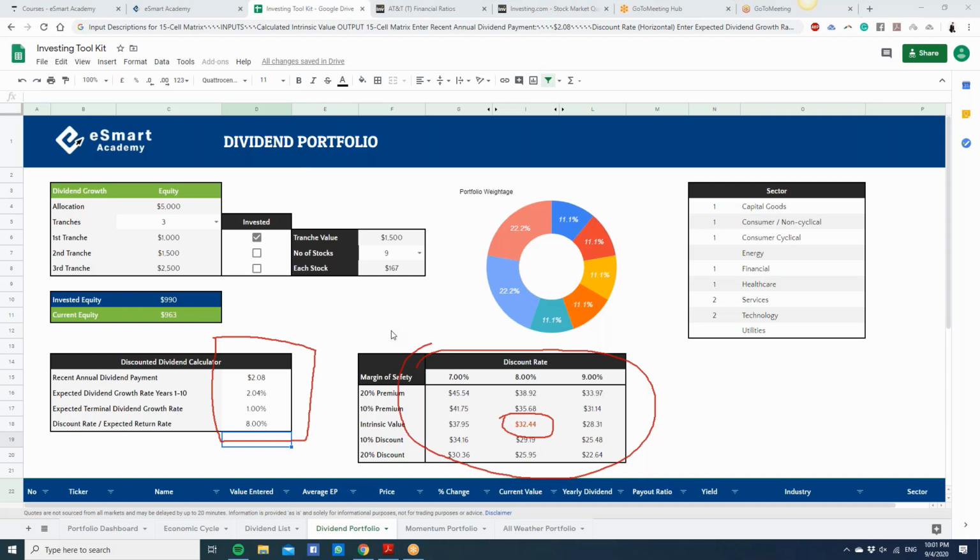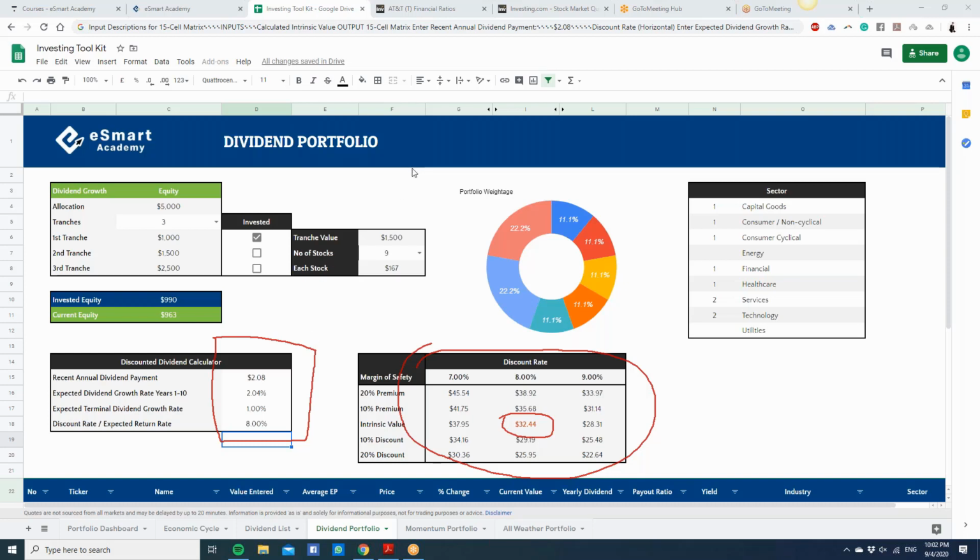If it's below $32.44, then it's good, it's at a discount. It's like you go shopping: the usual price is $32, and right now it's trading at $28, so it's good, it's a discount. If it's trading at 36, then it's expensive. But again, use it as a reference, as a guide.